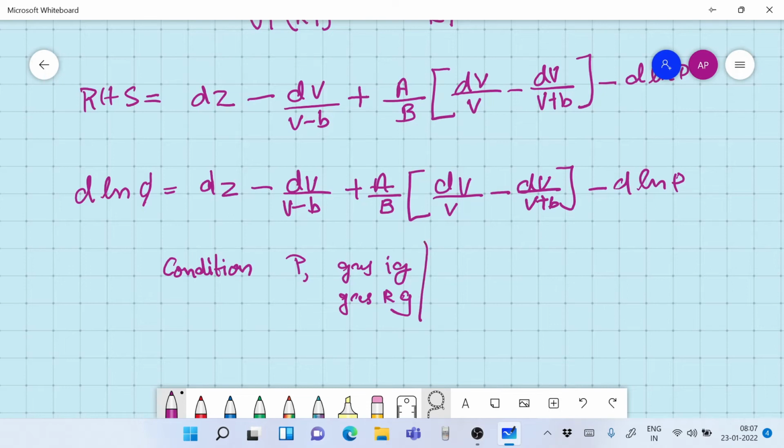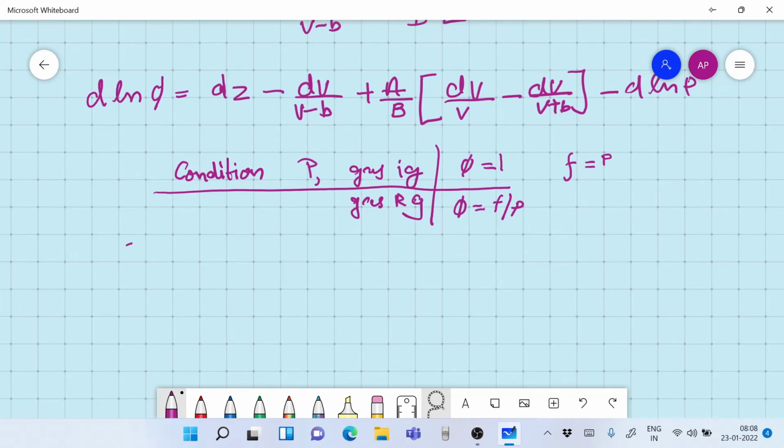Now, what are going to be the limits of phi? At the ideal gas condition, as we have explained before, for an ideal gas, F is equal to P. So for this condition, phi is equal to 1 because F is equal to P. And for this condition, phi is equal to F over P.